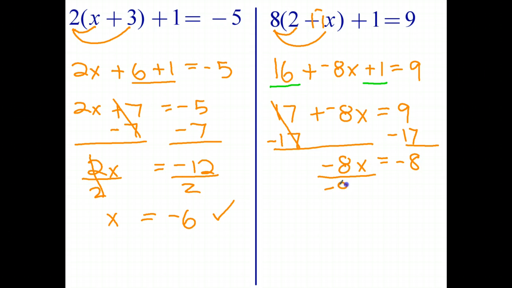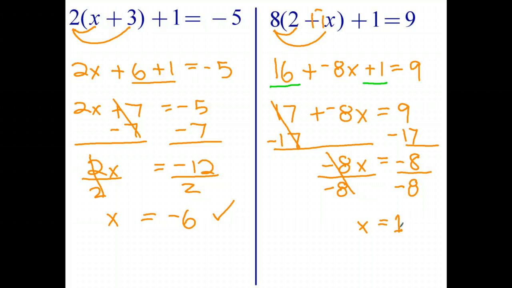Divide both sides by negative 8. Those cancel out or divide out, and negative 8 divided by negative 8 is 1. So it looks like x equals 1.